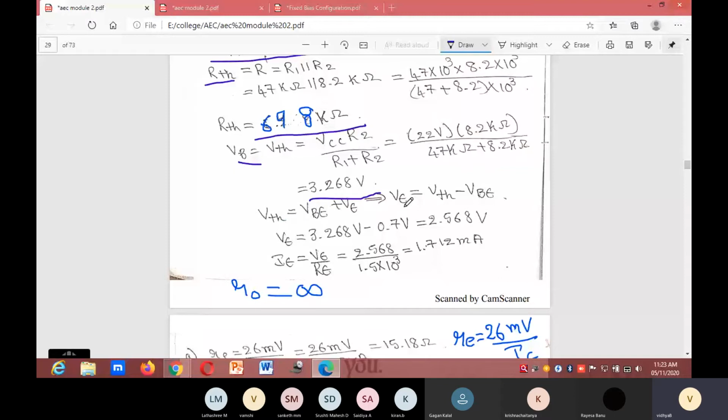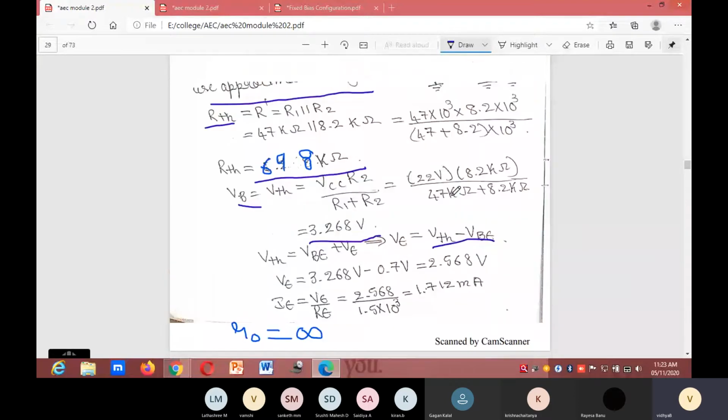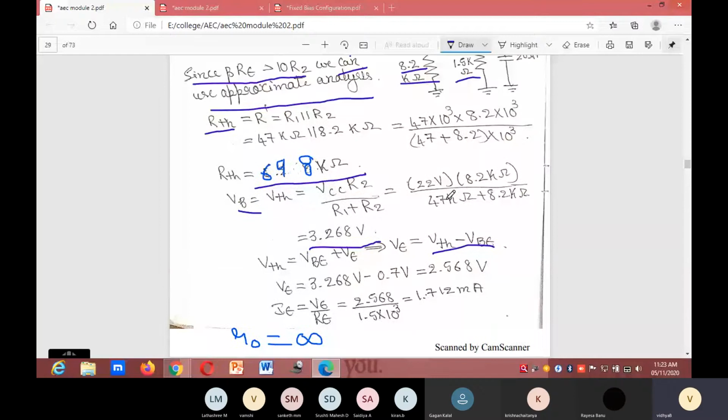VE is equal to VTH minus VBE. We know the value of VTH is 3.268 volts minus VBE. Usually for silicon transistor we consider 0.7 volts as VBE. So you will get 2.56 volts for VE.